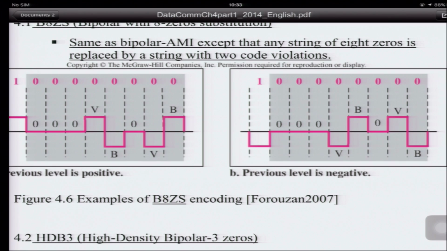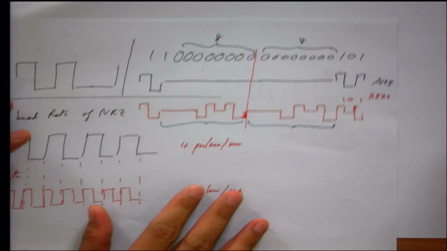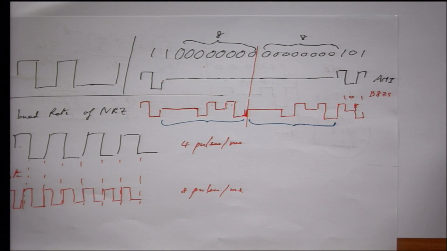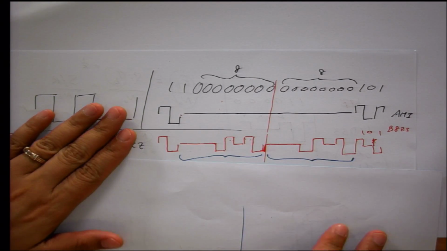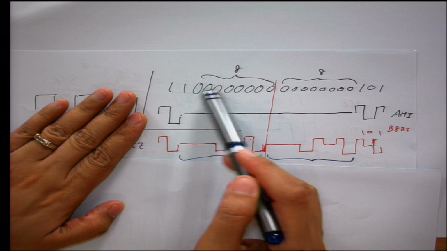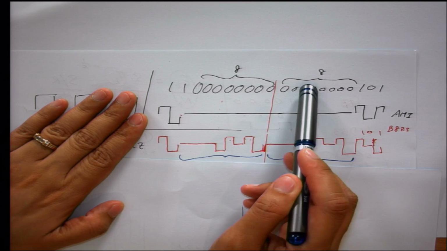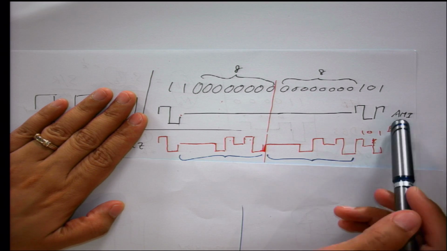If you look at this, you have 1, 1, and then eight 0s, and then another eight 0s, and 1, 0, 1. Now, if it's AMI, what should you do?